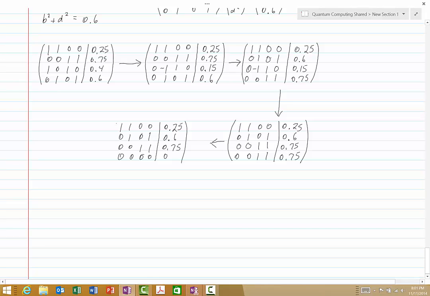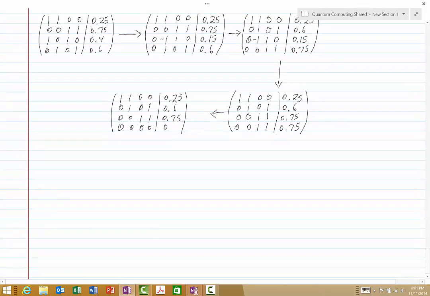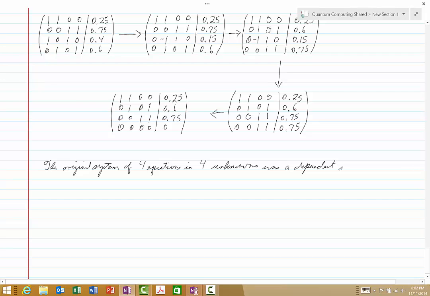So what this is telling us is that the original system of 4 equations in 4 unknowns was a dependent system.